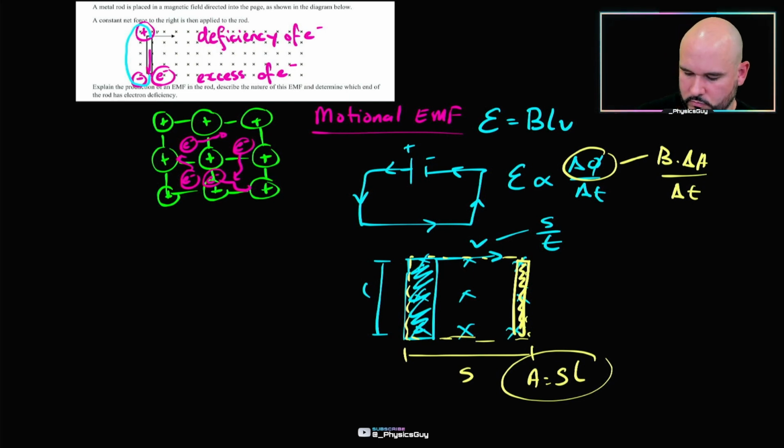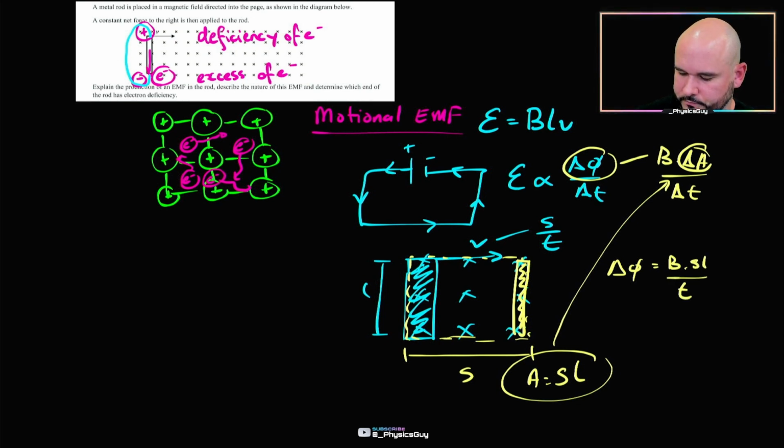So we're going to chuck that in up here, and we're going to say that the change in flux is going to be B times SL over time. In there is displacement over time, and displacement over time is velocity. So we get B multiplied by L multiplied by V. Sorry, that's change in flux over change in time.